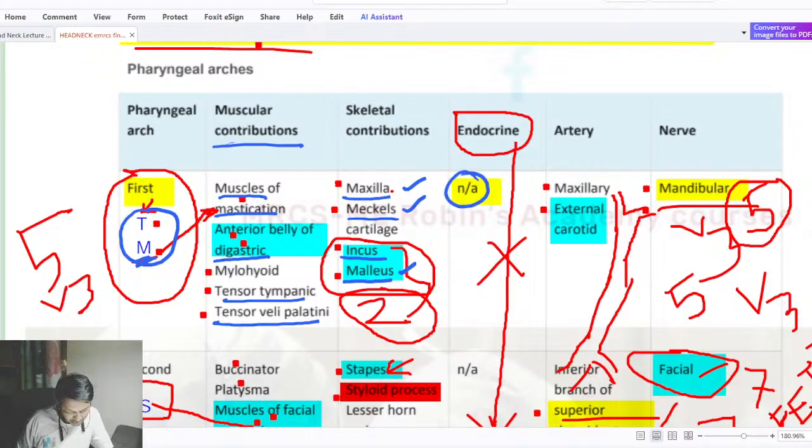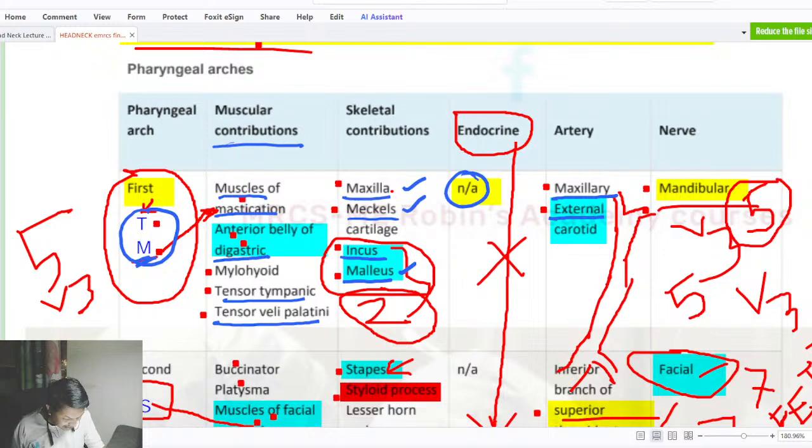Artery: we see the terminal branches of the external carotid. One is the maxillary artery and another is the superficial temporal, but that one will not come here.